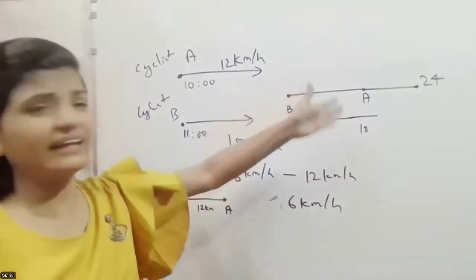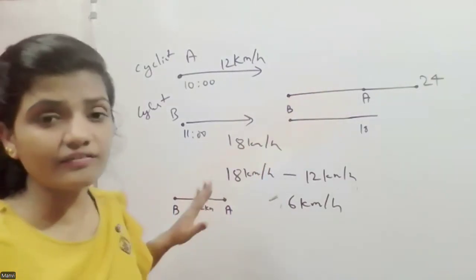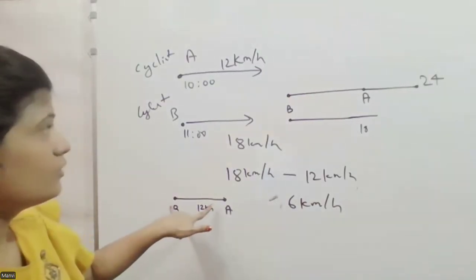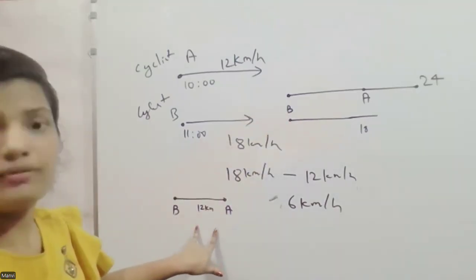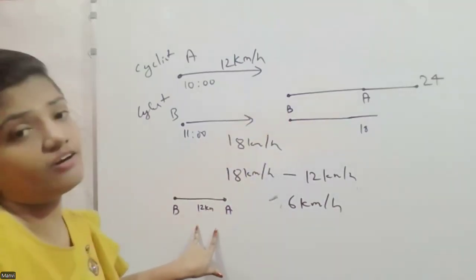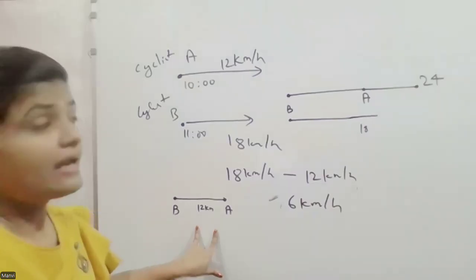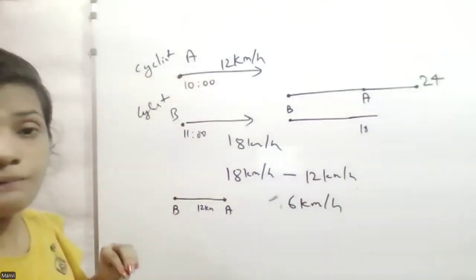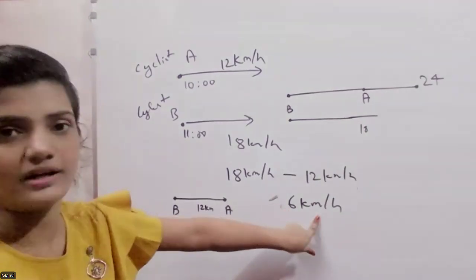But we don't do it that way because that's the difficult way. The quicker way is this. First, we need to see the gap. The gap between A and B is 12 kilometers, because when B started, A was already 12 kilometers away. And as they travel in the same direction, the actual speed is just 6 kilometers per hour.